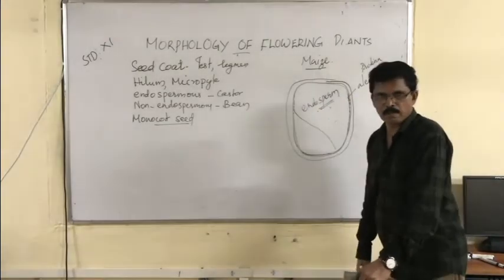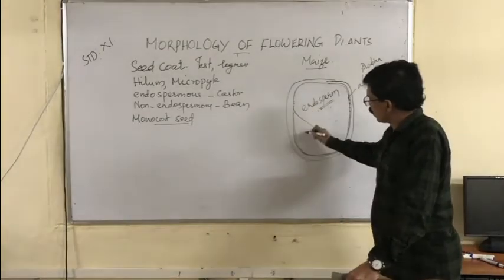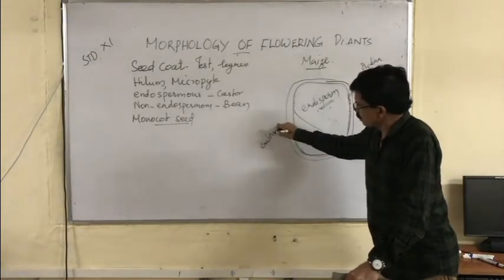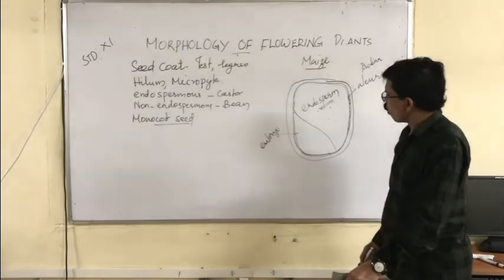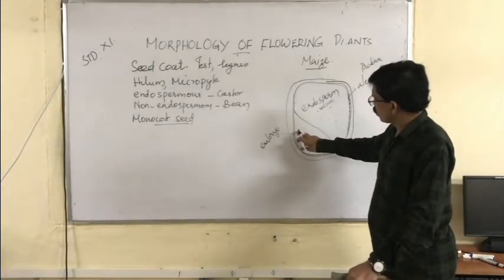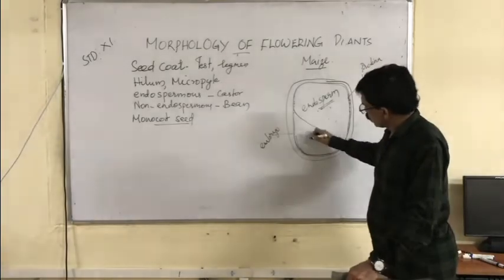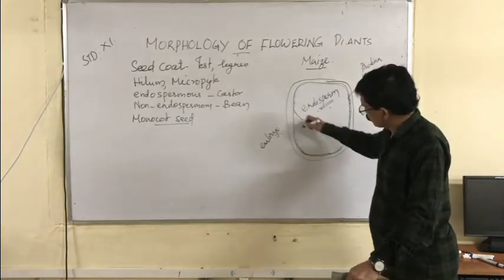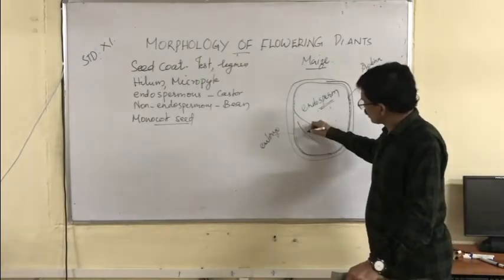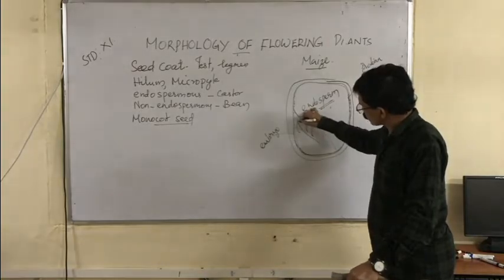At one end of the endosperm is the embryo. The embryo is very small. It has an embryonal axis, and on one side a single scutellum is there.